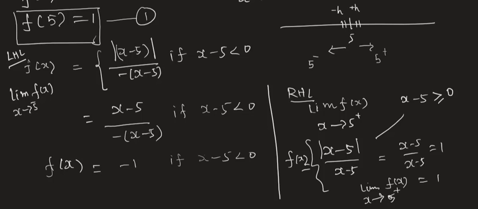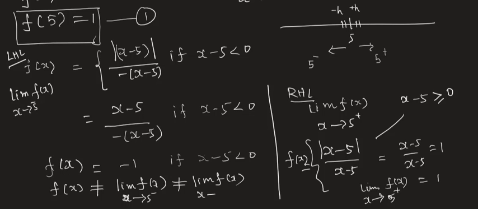So the limit of f of x as x tends to 5 minus is not equal to the limit of f of x as x tends to 5 plus. Why?